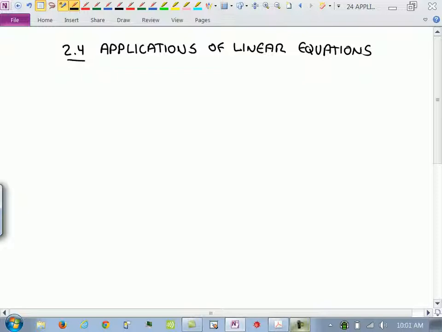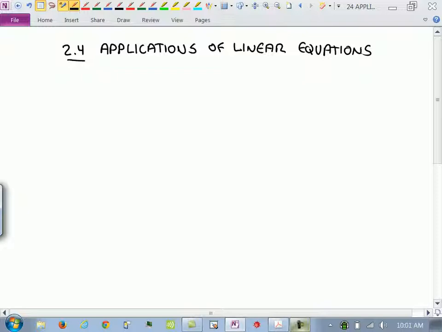And we're going to start out with just an example, okay? The idea here is that we want to be able to take a word problem or a real-life problem, convert it into a math problem, and then solve it the way we've been doing it. So every word problem I give you today is going to somehow, some way, convert into a linear equation. And then we'll be able to find an answer.